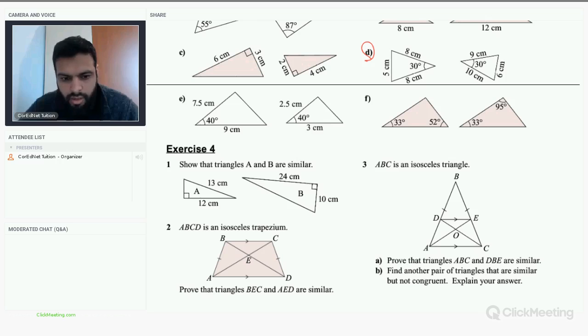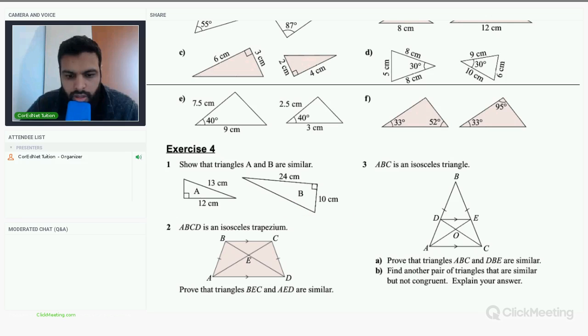No, we can't. The angle is the same, okay, but there is no constant relationship between that one and that one. So you have to make sure that relationship is the same.